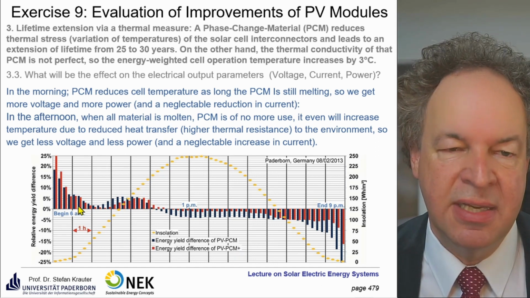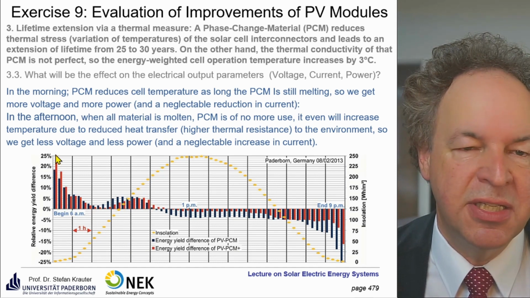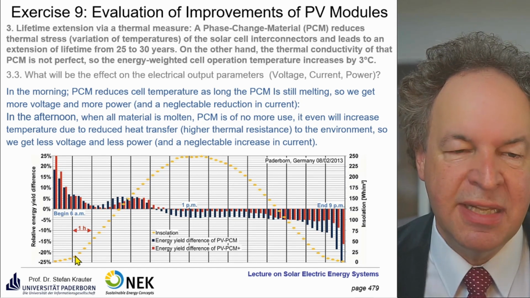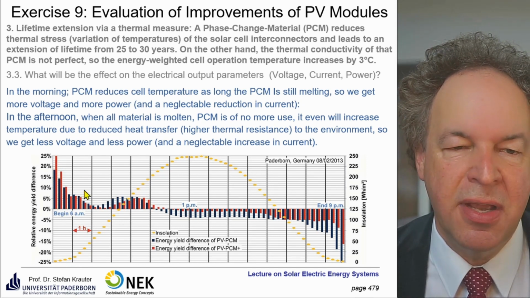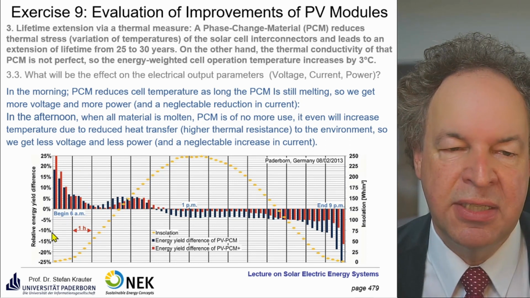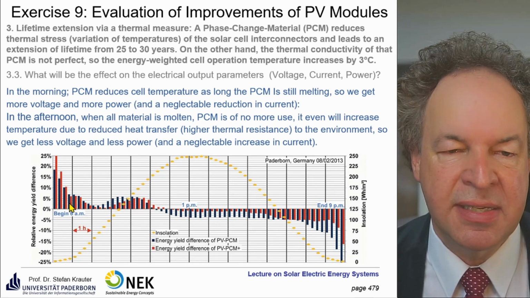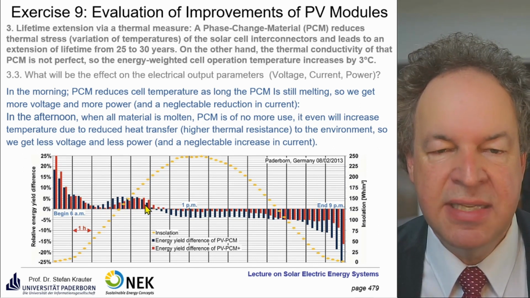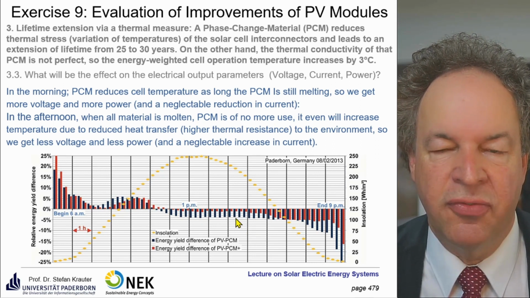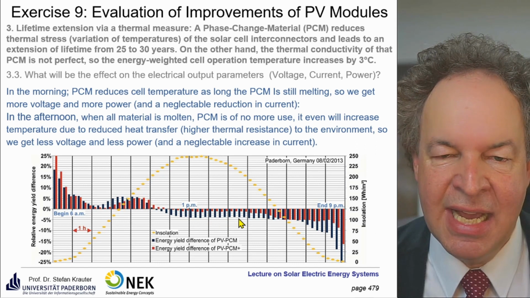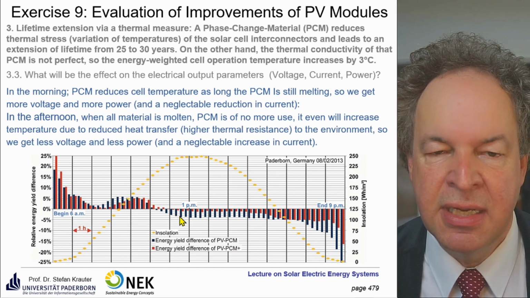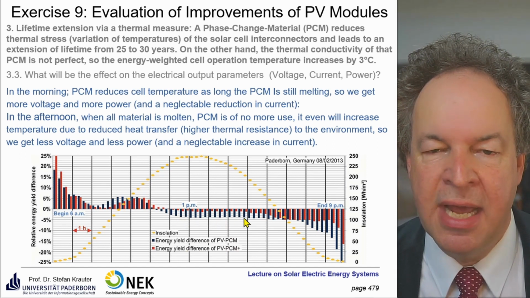Let's see the results. So here the PCM material soaks up the heat, so we have a considerable energy gain in the morning, but irradiance is quite low, so it seems very impressive here, but this is just a relative energy gain difference. And this goes down, and here we have still some gains, but in the midday and afternoon the impact of the PCM material is negative, especially for the pure PCM material without the heat conductive additive.